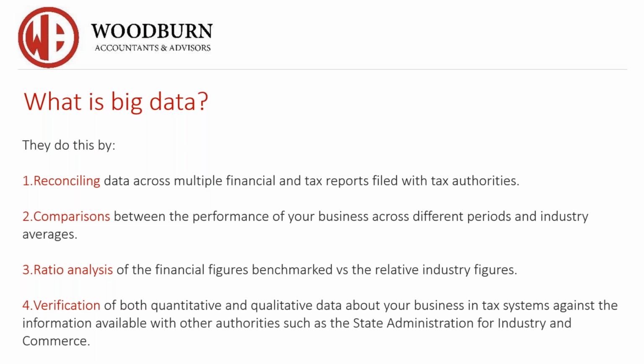So looking at your business from different periods. So let's say you're looking at 2018, 2019, 2020, 2021, 2022, looking at the averages, seeing whether there's growth, whether you're retreating, etc. They do this type of comparison year to year, month to month. Then there's a ratio analysis, which is actually benchmarking your company against your sector, your sector's industry figures, i.e. your competitors. And then verification, which is both quantitative and qualitative data, okay, in the tax systems.